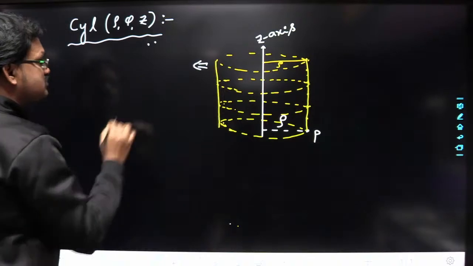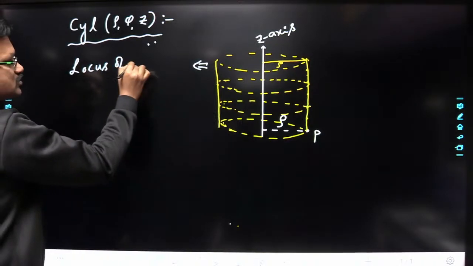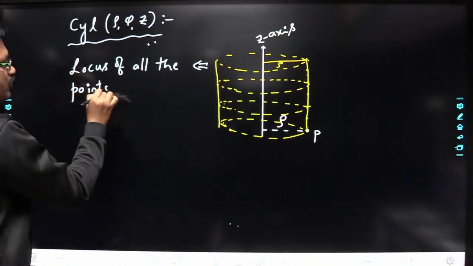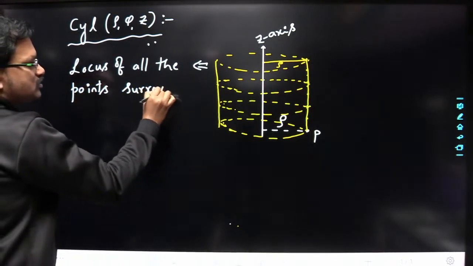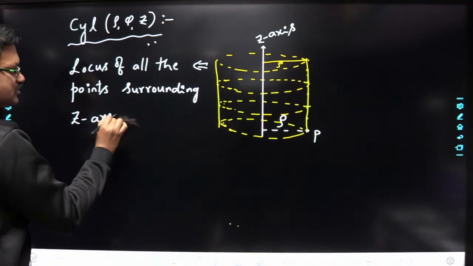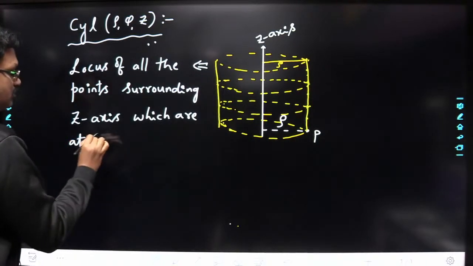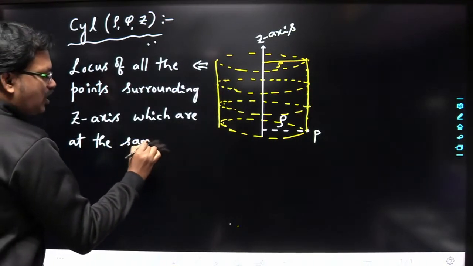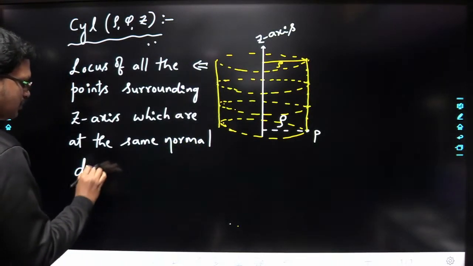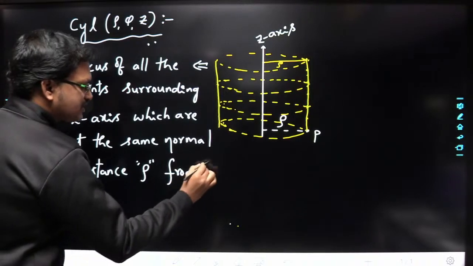So I can say this curved surface of the cylinder is nothing but the locus of all the points surrounding the z-axis which are at the same normal distance rho from the z-axis.